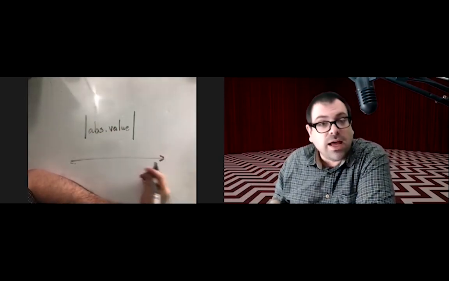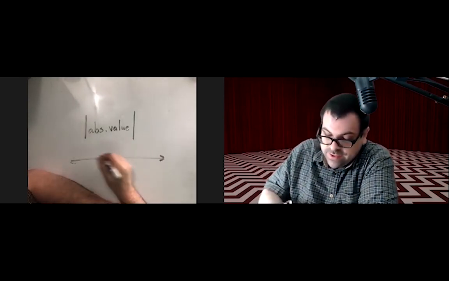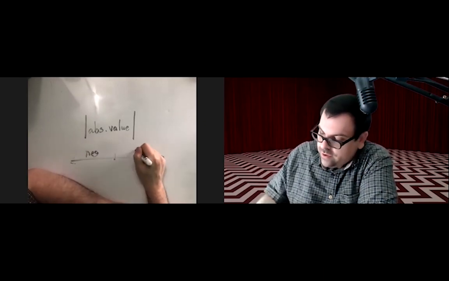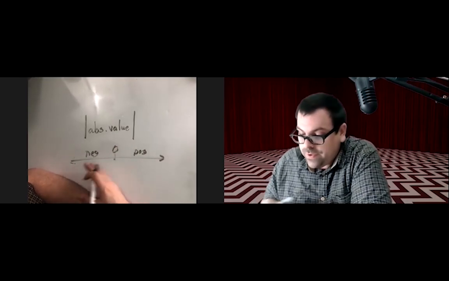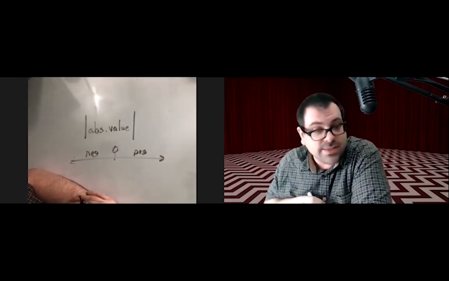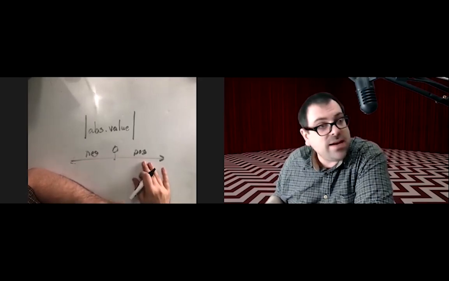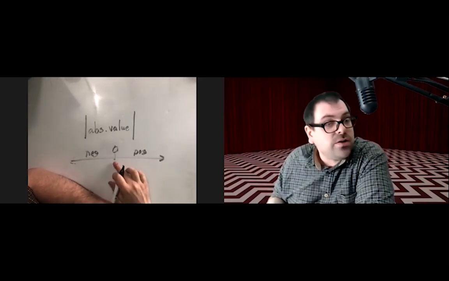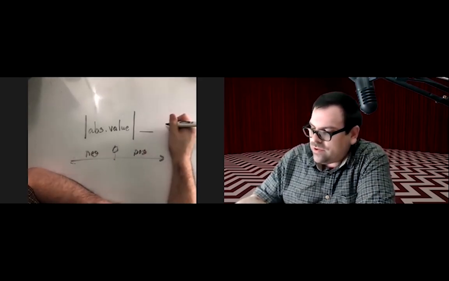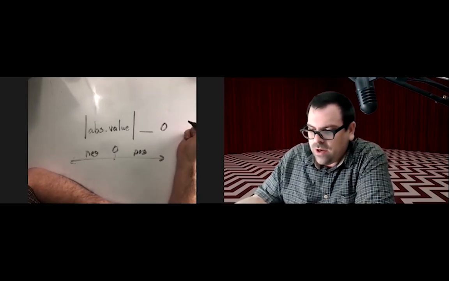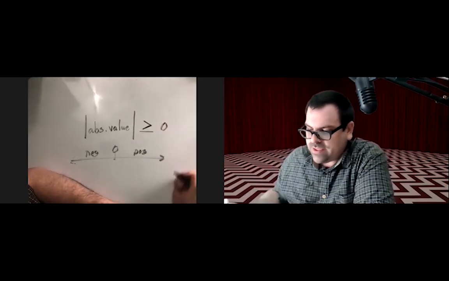If we think of our number line, there's not two choices, positive or negative. There's three choices. You're either negative, you're positive, or you are zero. So we consider all three cases. If we can't be negative, that means we can be positive, but we could also be zero. We can be equal to zero, or we can be greater than zero.